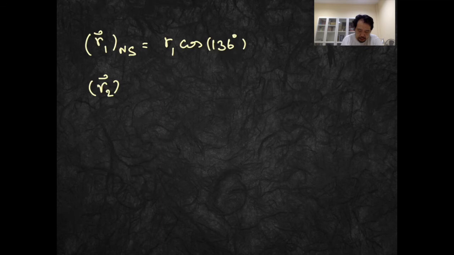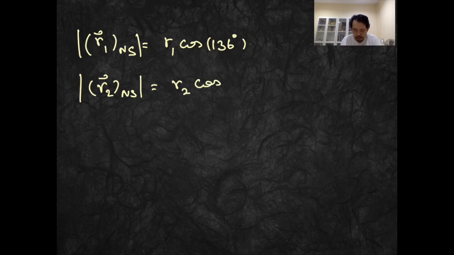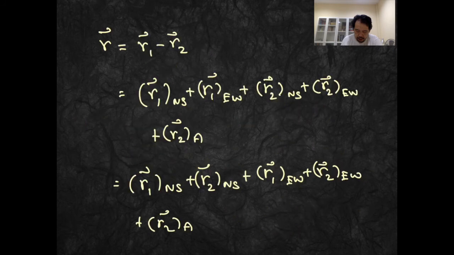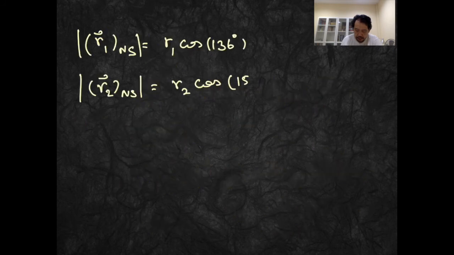R2, this is the component, the magnitude, is equal to R2 cos 153 degree.